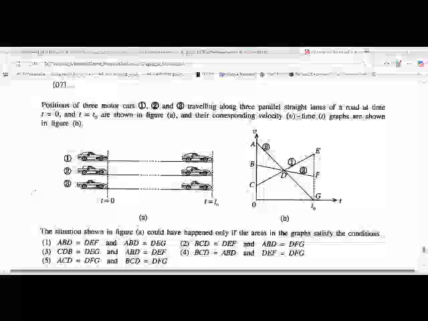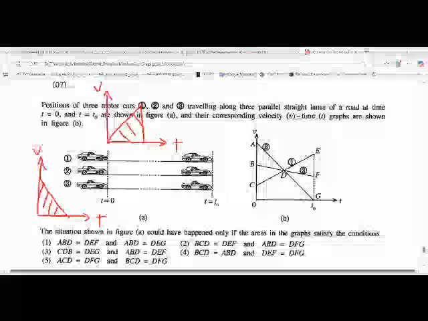Already you know that it is the area. In a velocity-time graph, the area between the graph and the time axis represents displacement. Even if the graphs have different shapes, it's the same. The area represents displacement.